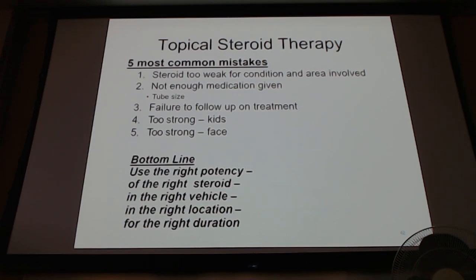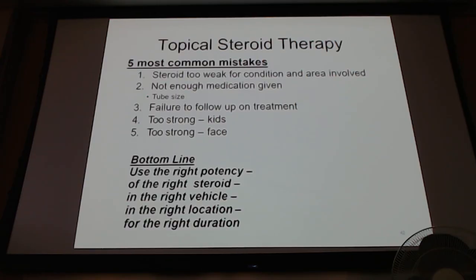The five most common mistakes. Steroid too weak for condition and area involved, so you don't get it strong enough. Okay? Not enough medication given, right? Tube size. If I know that mine is almost up, I'm calling that thing into the VA to send it on over, because I don't want it to go away.